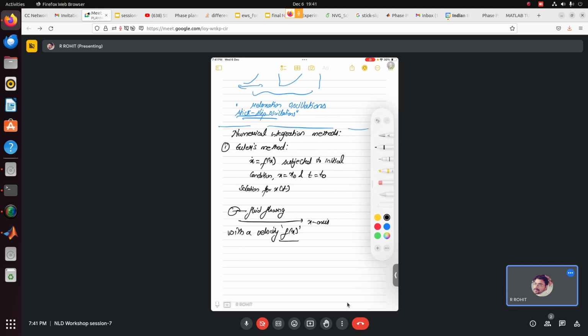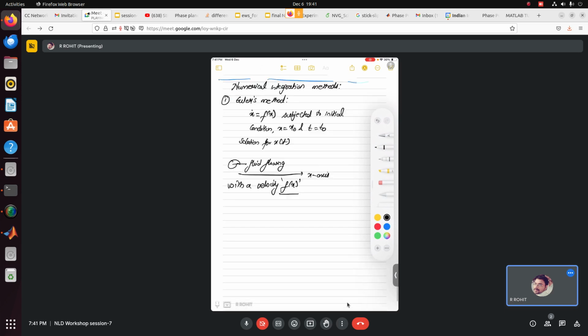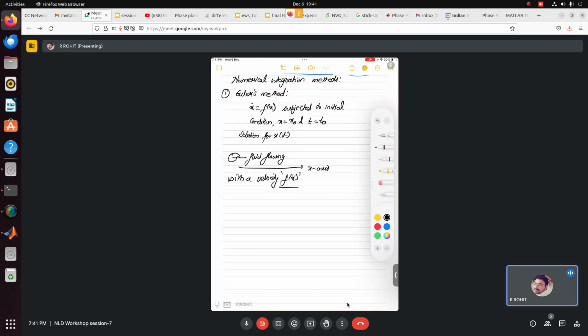Now imagine this fluid particle is carried along this phase plane, and initially it is at a point x naught, where the local velocity is f of x naught. If we take a short window of delta t, by that time the particle has reached this point.